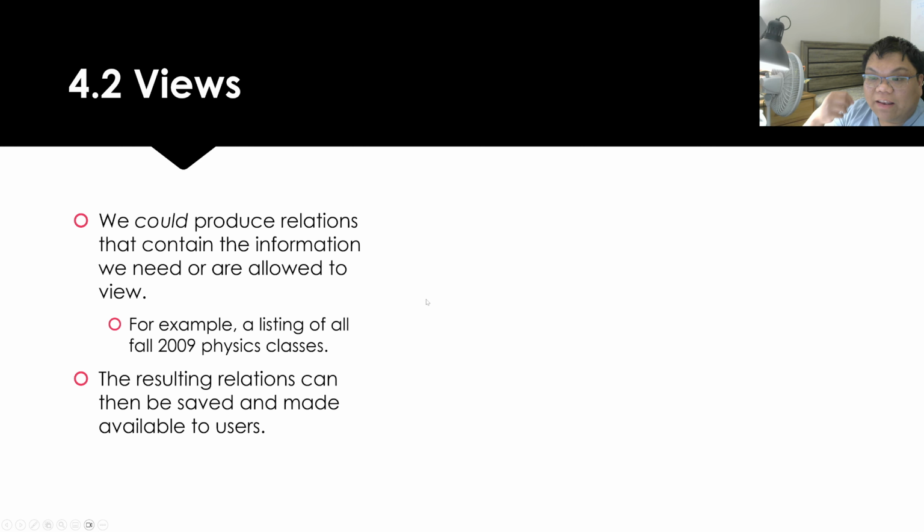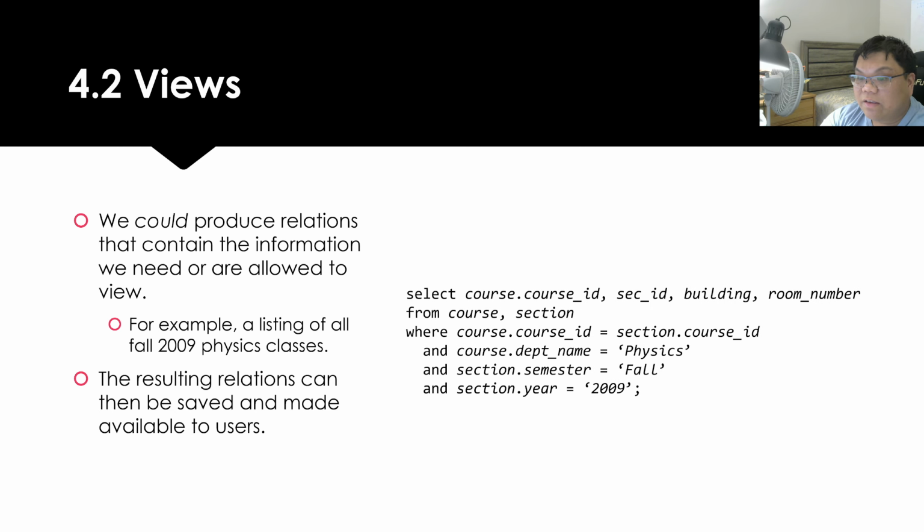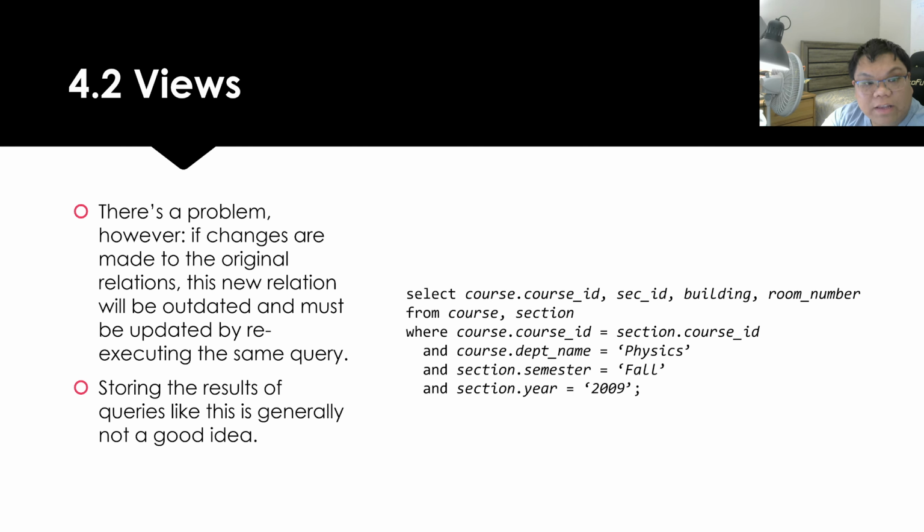So, to that end, we could produce other relations that contain only the information we need or are allowed to view. For example, a listing of all Fall 2009 physics classes. We can just then save that as a table and make it available to users. However, there is a problem.